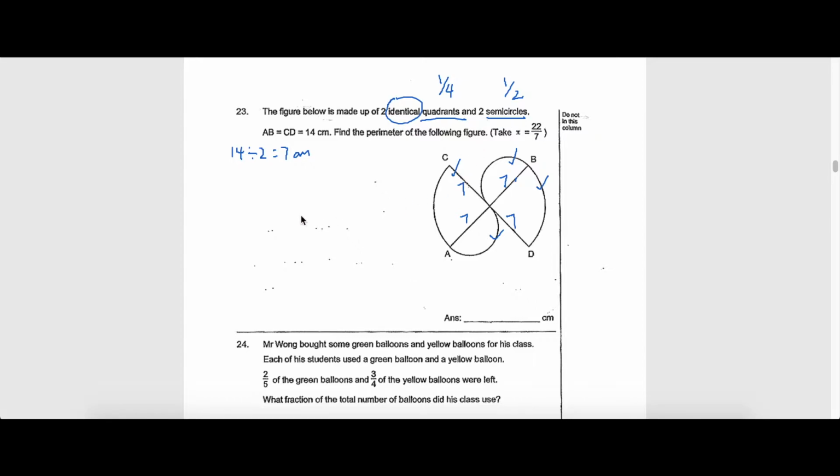Okay, so there are two quadrants. Quadrants means 1/4, and pi is 22 over 7. The formula for circumference equals pi times diameter. So I'm doing quadrants, alright?